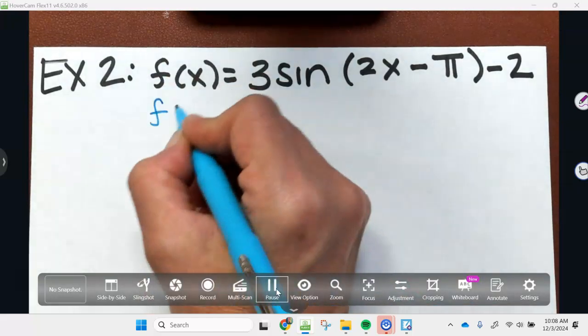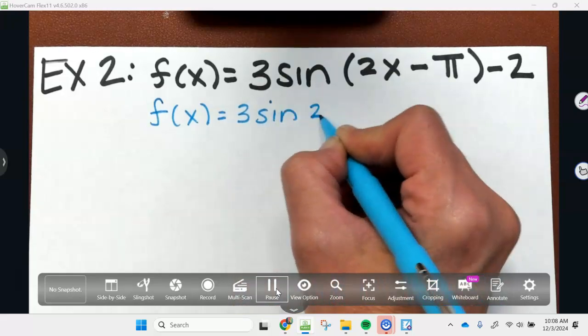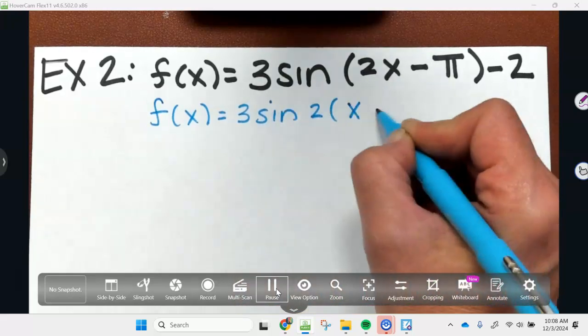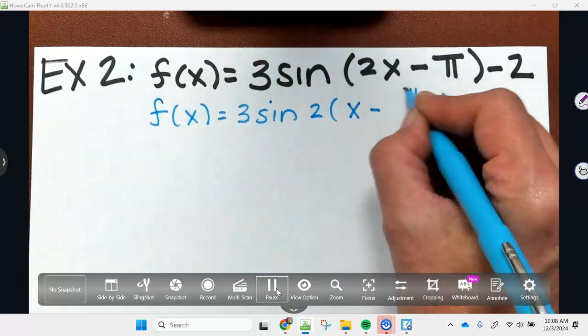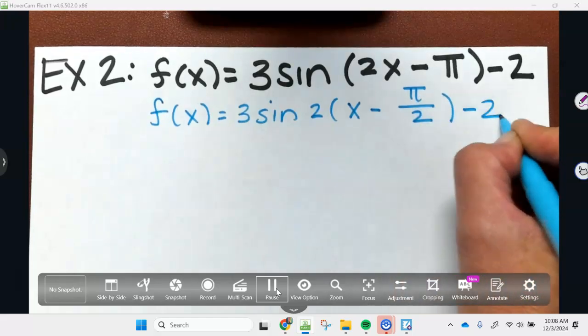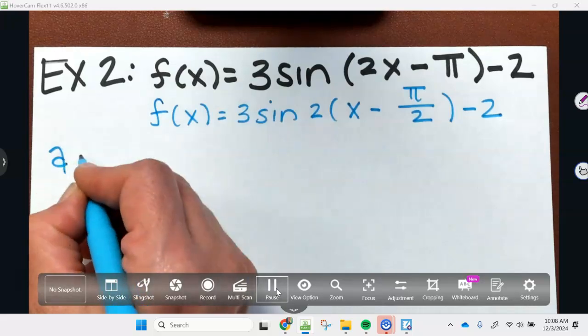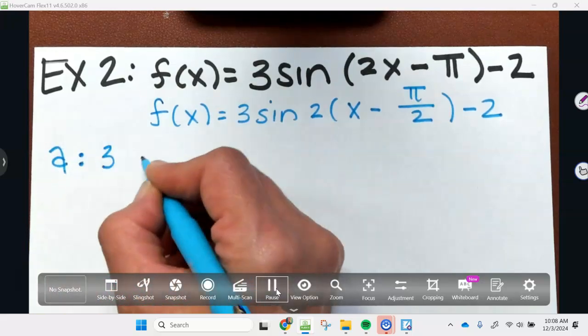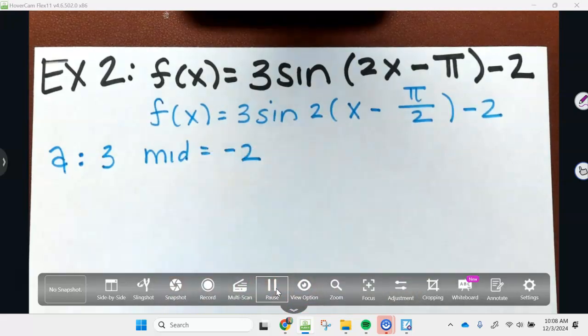So f of x is going to equal 3 sine, 2 on the outside, and then x minus what goes on the inside? Yes, negative pi over 2. Good job. All right, cool. Amplitude, so easy. The amplitude is 3. Middle, so easy. It's the k value, negative 2.